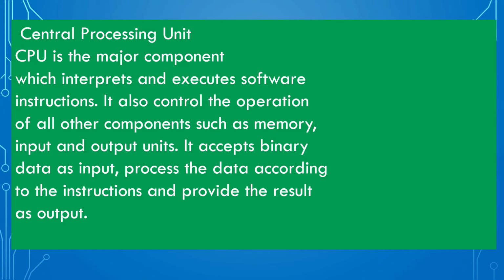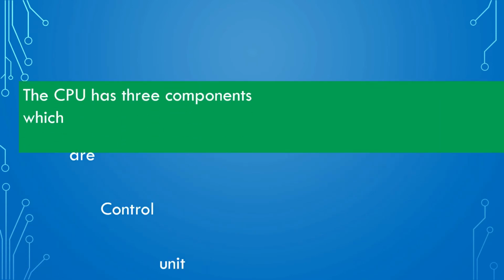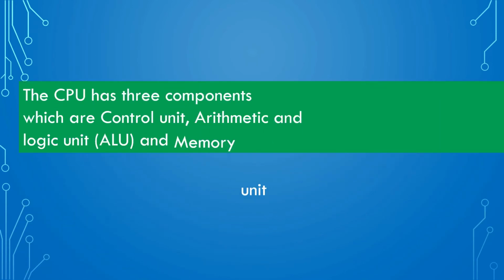So in a simple way, as we give information to the computer through the keyboard, it sends the information to the central processing unit. It has three components: control unit, arithmetic and logic unit (ALU), and memory unit. These are the components inside the central processing unit.